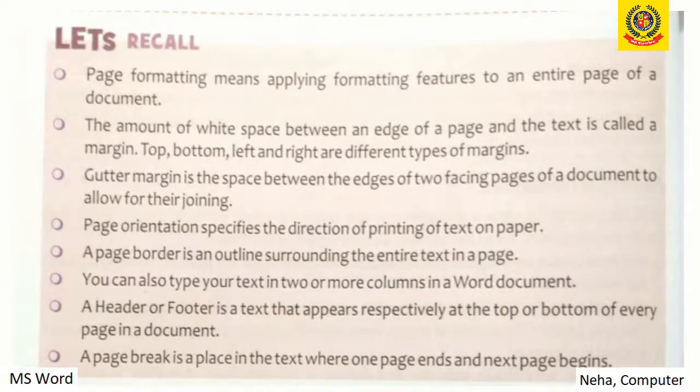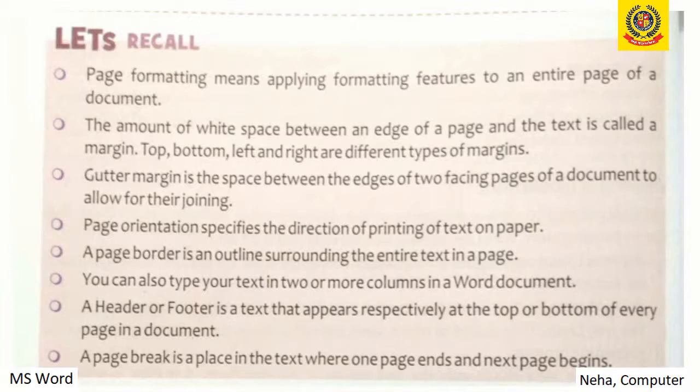Now let's recall some important points from the chapter. First, page formatting means applying formatting features to an entire page of a document. We can use different styles to make our document more attractive by using the formatting features.